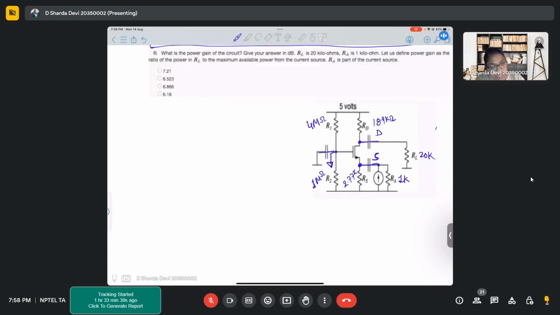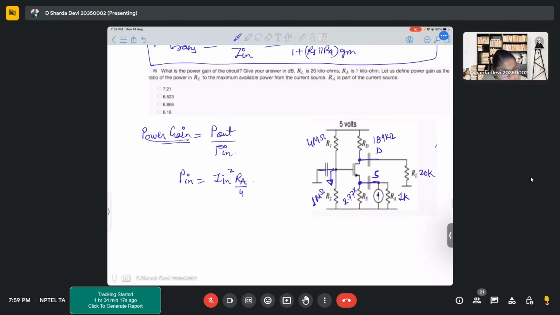Yeah, okay. So here it was asked, what is the power gain? So power gain will be P out by Pn. Considering that we have a current source, Pn will be In square Ra by 4. Ra is 1 kilo ohm. Rs was 2.77, right?